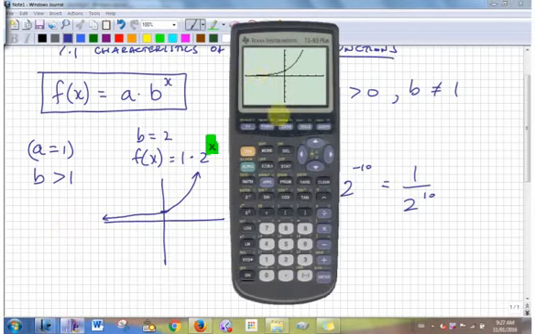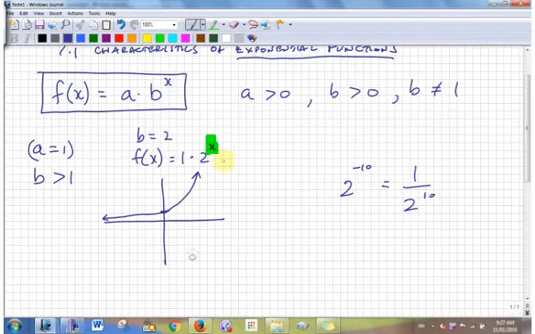But that thing doesn't stop right there. There's an arrow on there. It keeps getting smaller and smaller and smaller. Could I put x equals negative 100? Sure, I could. And it would be 1 over 2 to the 100th. It's not 0. It's a puny, puny number, but it's not 0. It's never 0. It keeps going on forever and ever in the negative direction.